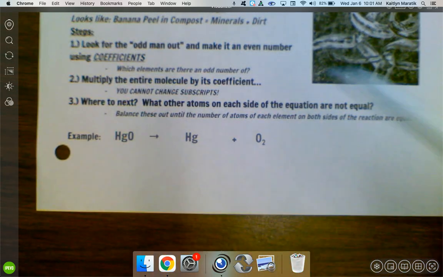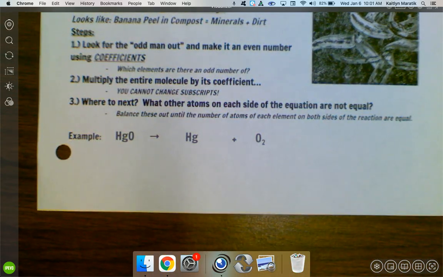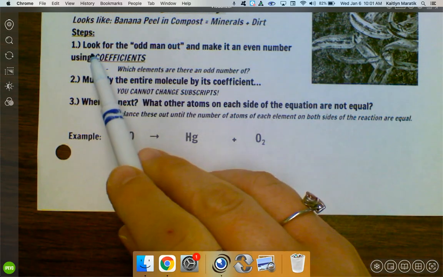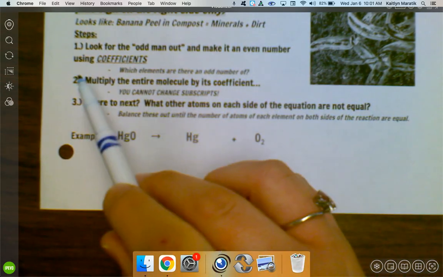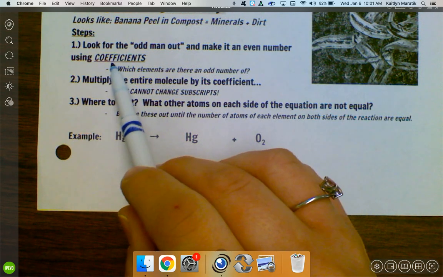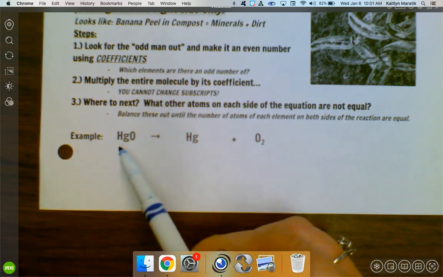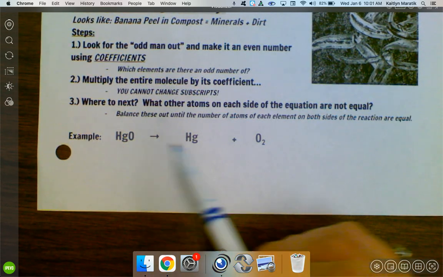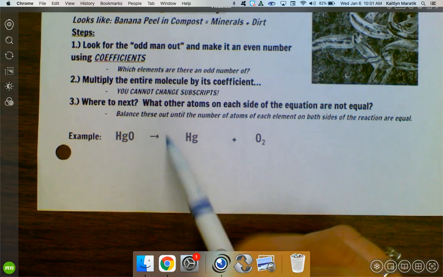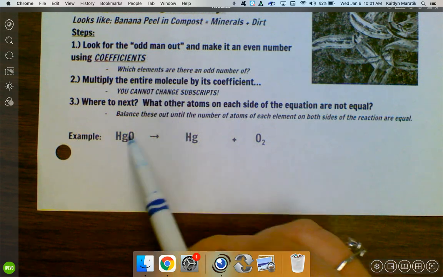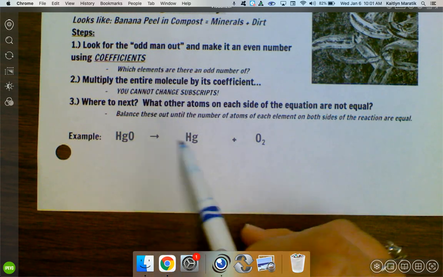So we're going to do the exact same thing again here. So first thing, look for the odd man out and make it an even number using coefficients again. Remember, not subscripts. So if I look here, I've got 1 mercury, 1 mercury. I said to look for the odd man out. There's my odd man out.